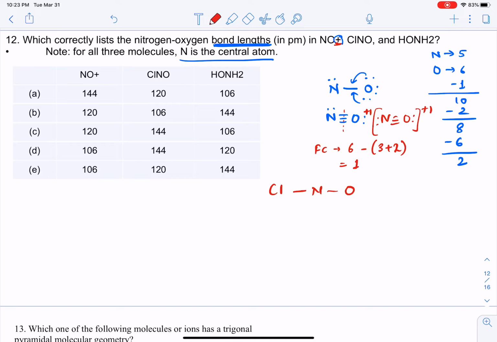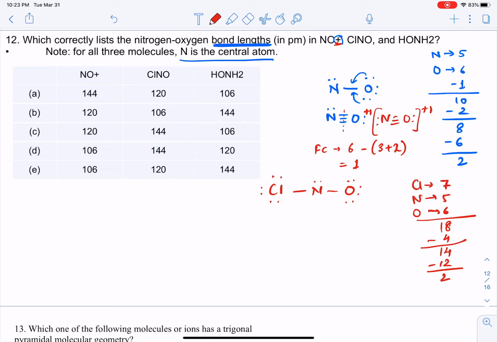Okay, next we have chlorine, nitrogen, and oxygen. We can do the same thing. Chlorine has 7 electrons, nitrogen has 5, oxygen has 6. You go on adding all of this, you have 18, 2 bonds, so 4 minus, you have 14. You give electrons first to chlorine because it's highly electronegative, so 6. Similarly 6 to oxygen, and what is left is 2, so 2 to nitrogen.